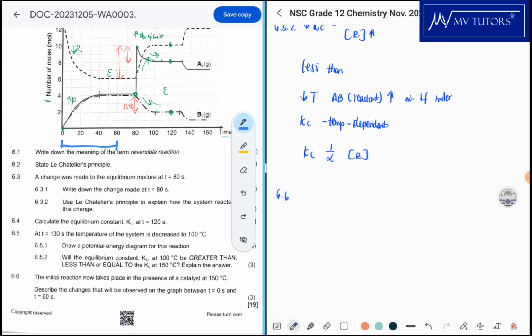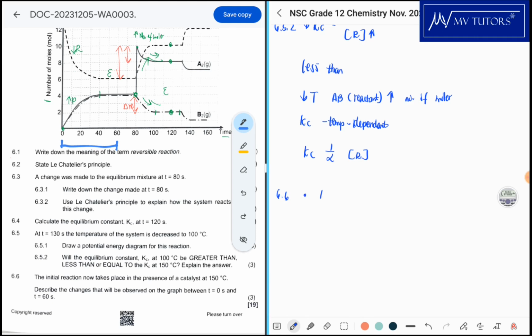So what we can actually conclude here is that, first of all, a catalyst doesn't affect equilibrium. It doesn't disturb equilibrium. Okay, so equilibrium will still be at 6 for AB, and it'll still be at 4 for A2 and B2. Okay, so that's one thing we must just recognize or just note.